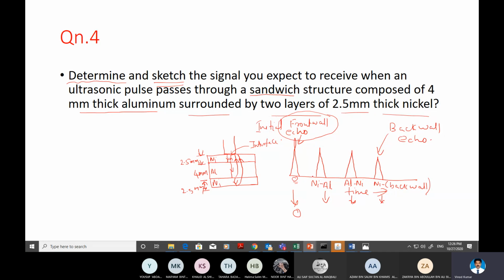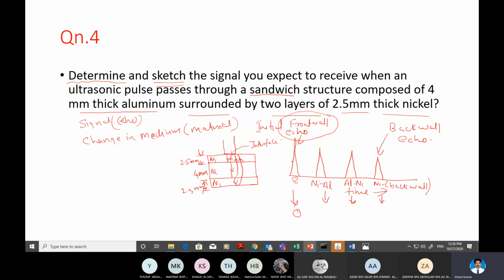Then the second one, as you see here, is the interface. This echo is produced whenever there is a change in medium. Change in medium, I will write change in material. For example, when ultrasonic waves are produced, first they pass through air or couplant, then they enter the material, so there is a change in medium there itself.